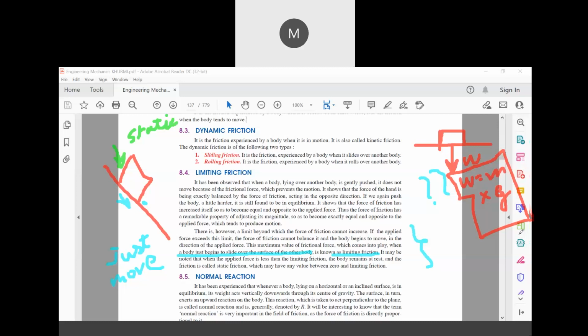Now look, as per Newton's third law of motion, every action has an equal and opposite reaction. Since this force is acting downwards, we will have another one upwards. This is the equal and opposite reaction of this body.